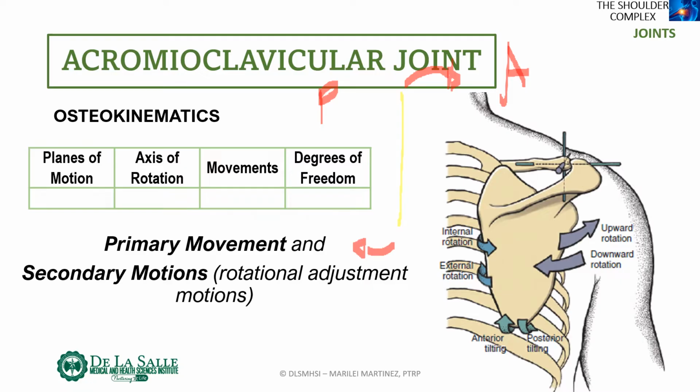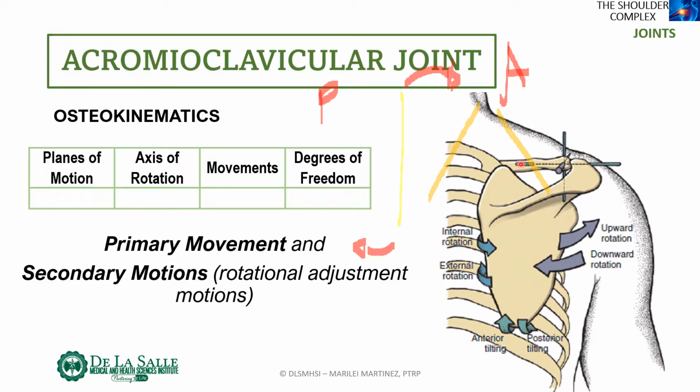Please don't be confused. If you illustrate anterior tilting, the scapula will be oriented this way, and for posterior tilting, it will be oriented this way. This is a lateral view. As to the plane of motion, it is the sagittal plane, and therefore the axis of rotation is the x-axis.